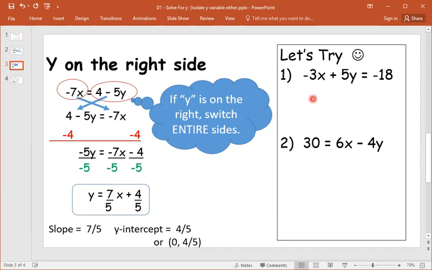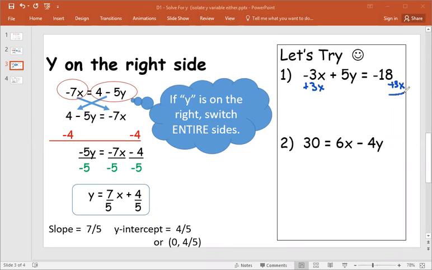Okay, so let's try a couple more just to make sure that we have it here. Okay, so we have negative 3x plus 5y equals negative 18. Since our y is on the left, we want to add 3x to both sides.